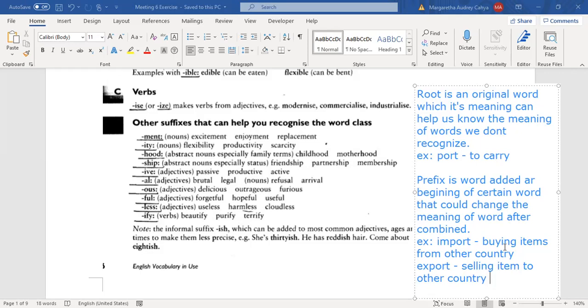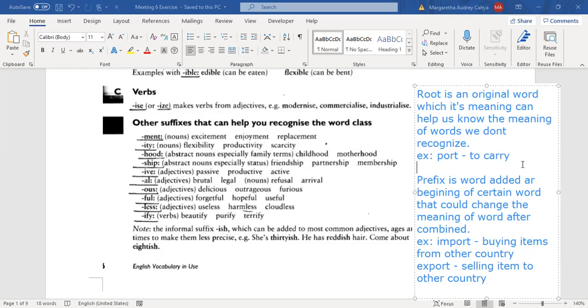Jadi bukannya cuma membawa barang, tapi membawa barang dari negara lain ke dalam negara kita, ada tambahannya. Dan ekspor juga begitu. Dan ada juga yang bisa ditebak, tapi ada juga yang benar-benar tidak make sense.